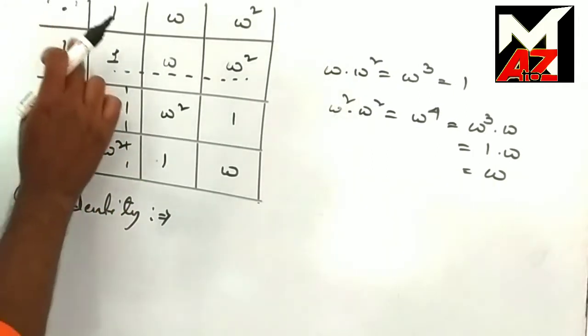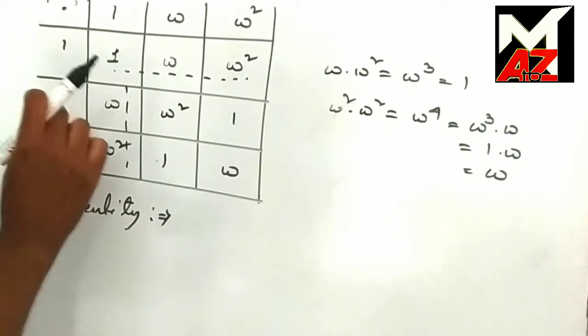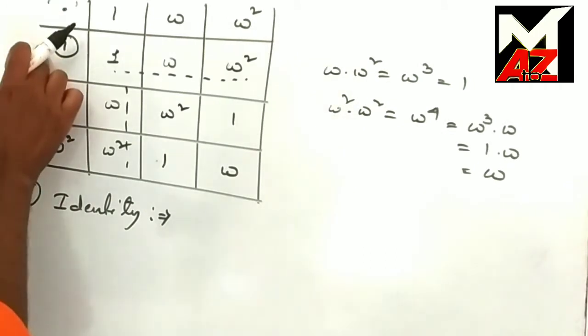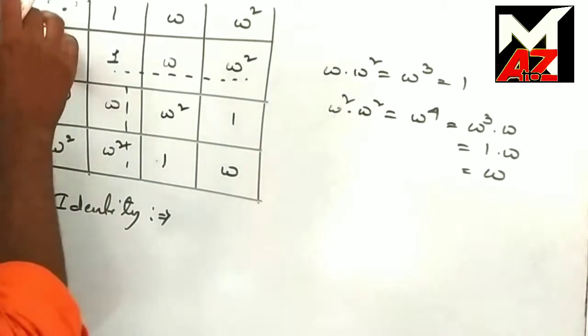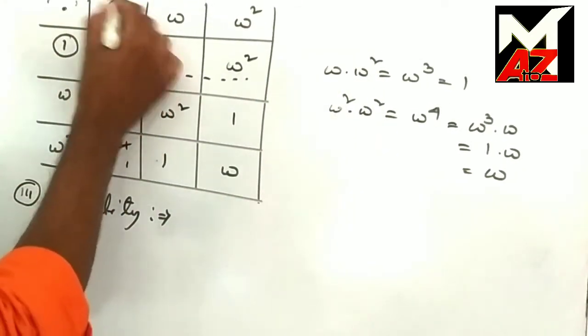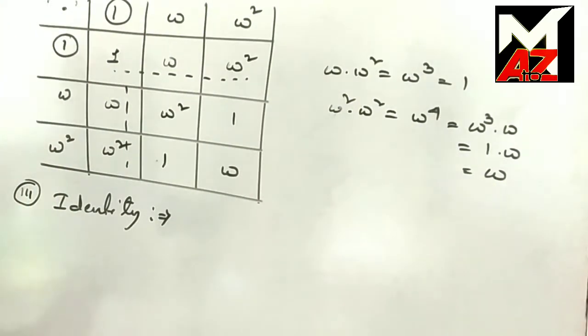So from this row and this column, we see that if this element is operated from the left, it gives the same result, and if operated from the right, it also gives the same result.